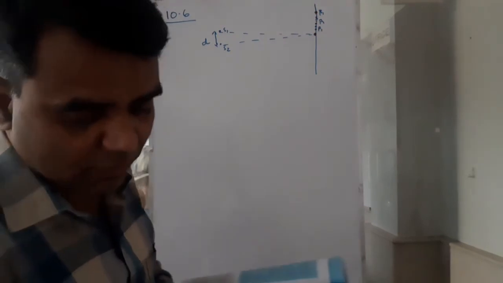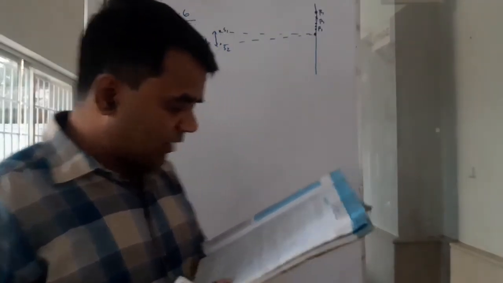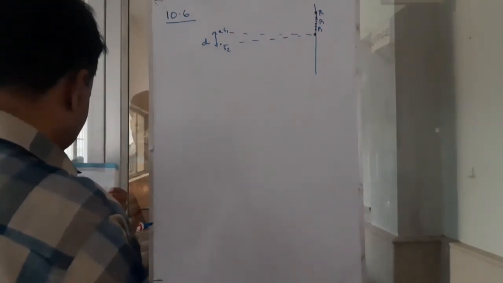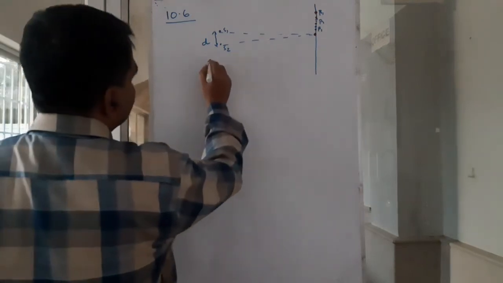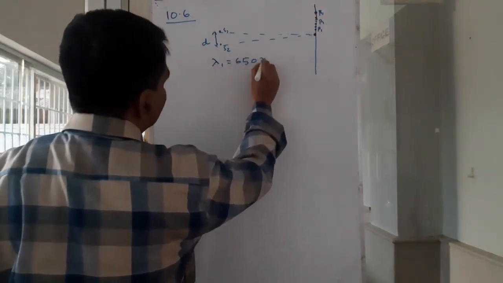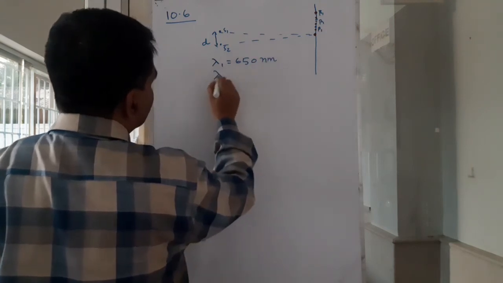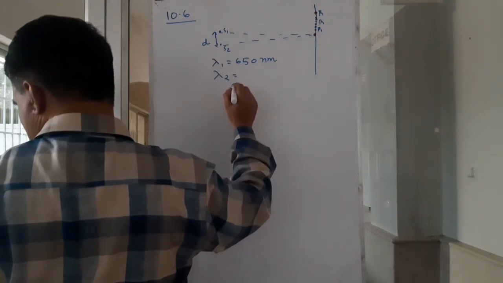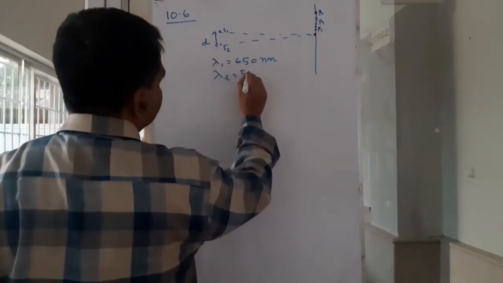So let's see what is asked. A beam of light consisting of two wavelengths, 650 nanometers and 520 nanometers. So I'll call lambda 1 as 650 nanometers and lambda 2 is 520 nanometers.